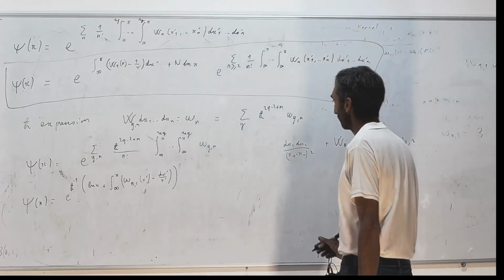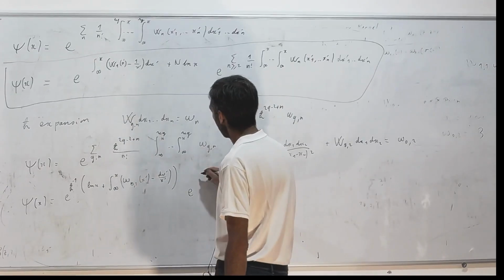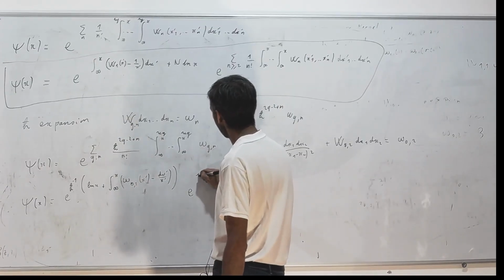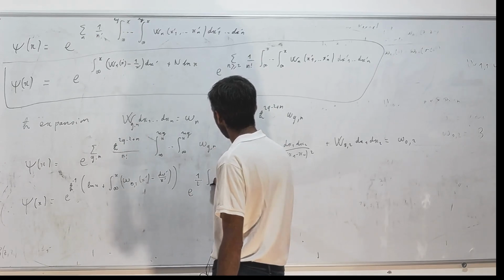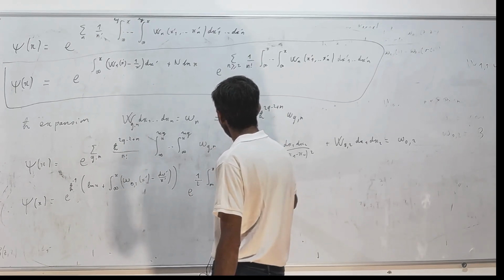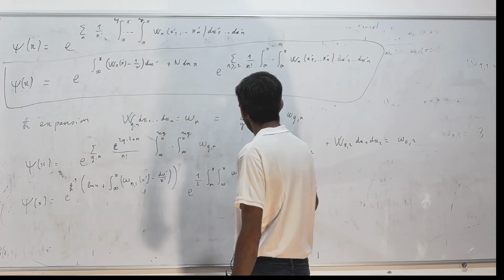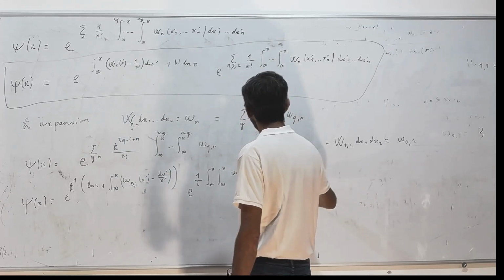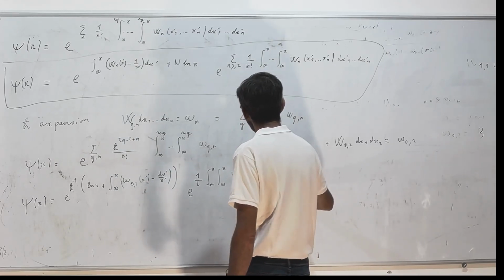Here you have to compute one half of the integral from infinity to x, integral from infinity to x, of omega 0,2 minus dx1 dx2 over x1 minus x2 to the square.